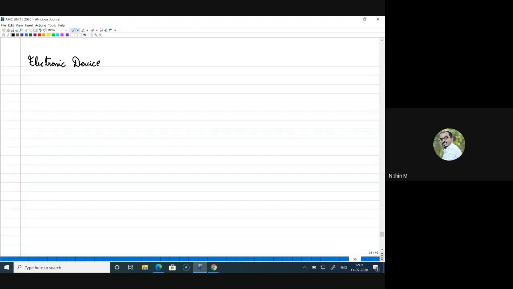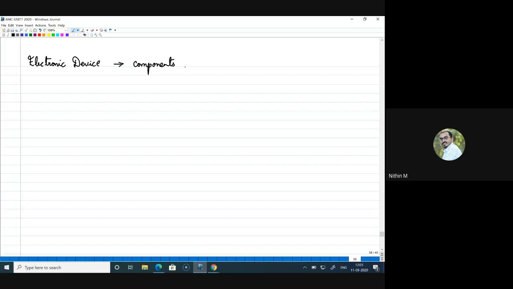Now we will start with the electronic device. An electronic device is an electronic component which controls the flow of current. Such components are generally called electronic devices.